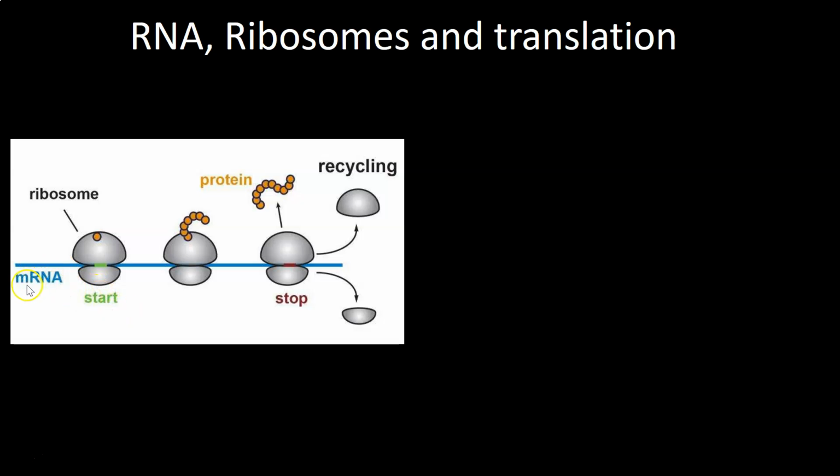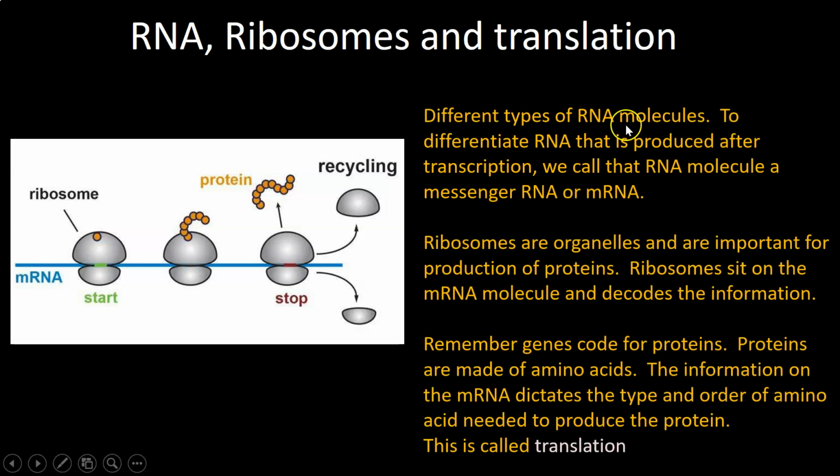This M stands for messenger RNA. The issue is, there are different types of RNA molecules. So to differentiate the one that is produced after transcription, we call that RNA molecule a messenger RNA, or shortened to mRNA.